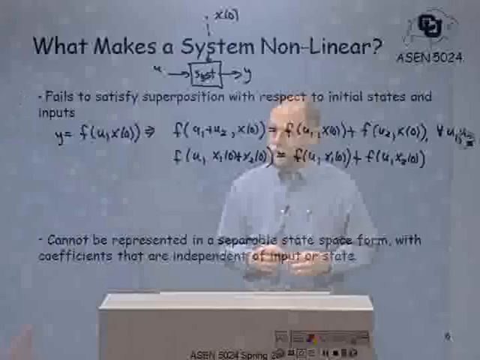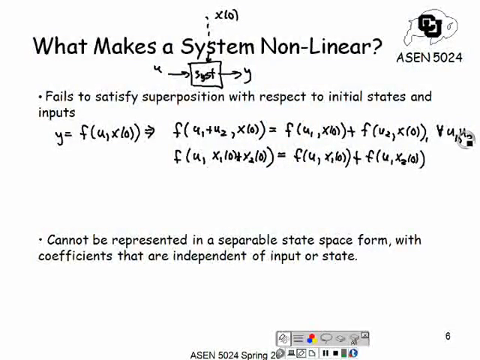So even if the model is linear, the real system you're dealing with may not be. That's a good perspective to keep, because you can fool yourself if you think the model is the real thing. It usually is not. Same is true here. Upside down A is for all. This has to be true for all of these initial states as well, not just two of them.